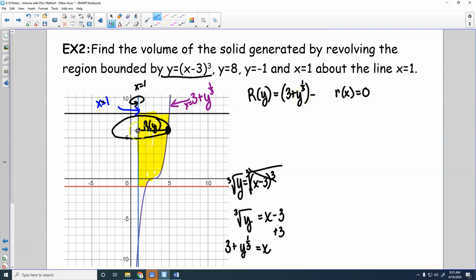We have to subtract whatever number we have on the other side, which is our x equals 1. So it's just going to be a 1 right there. And so if we combine that, our capital R of y is going to be 2 plus y to the 1/3.